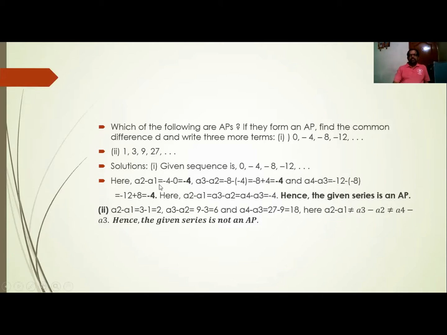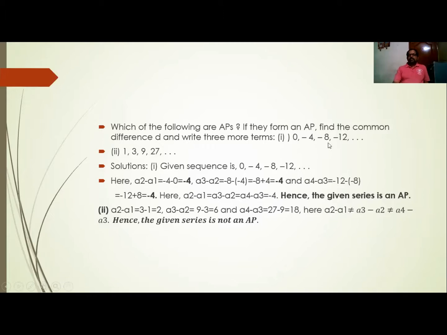As we have only the first 4 terms, we can find 3 differences. We denote the terms by A1, A2, A3, A4. A2 minus A1 is minus 4 minus 0, which gives us minus 4.